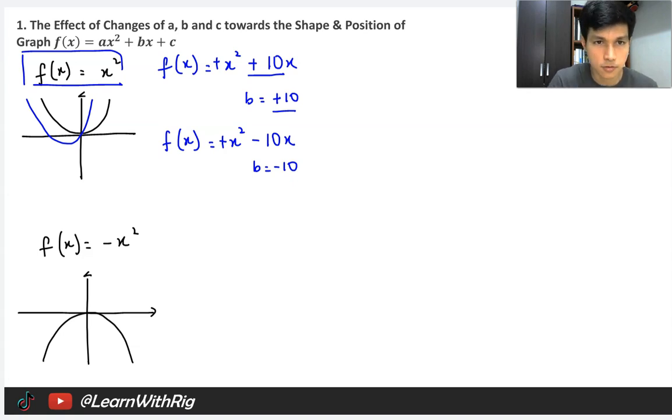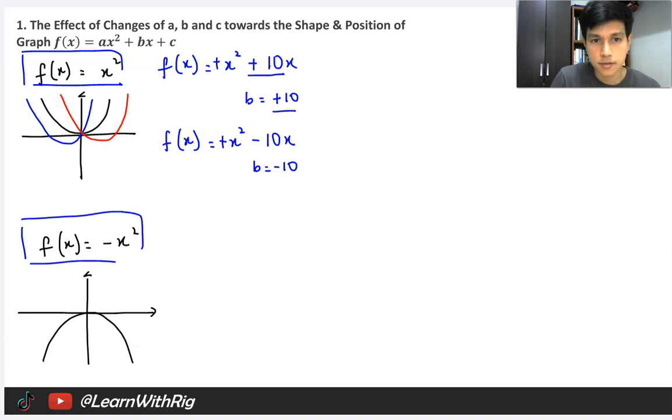So your graph should look something like this. If it's a negative b value, you move towards the right. If it's a positive b value, it moves towards the left, provided it's a positive a value, a U-shaped graph.